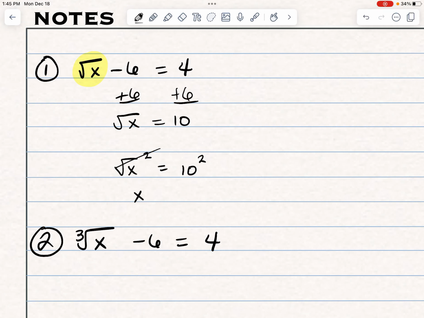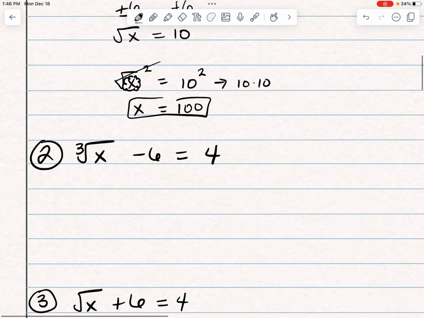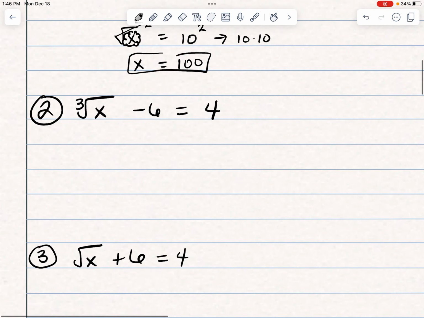This squared will take away the square root, and that will leave us with just x, right? x is the thing that's under the radical. And 10 squared is 10 times 10, which is 100. So in this first case, x is equal to 100.